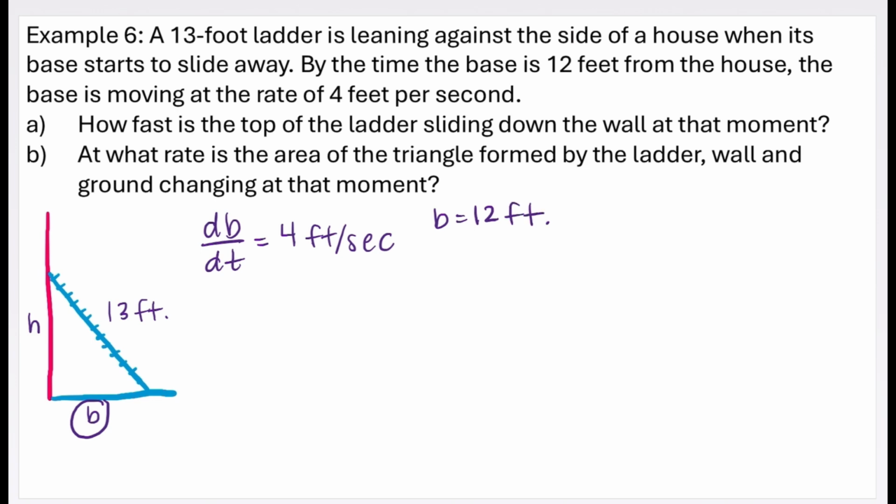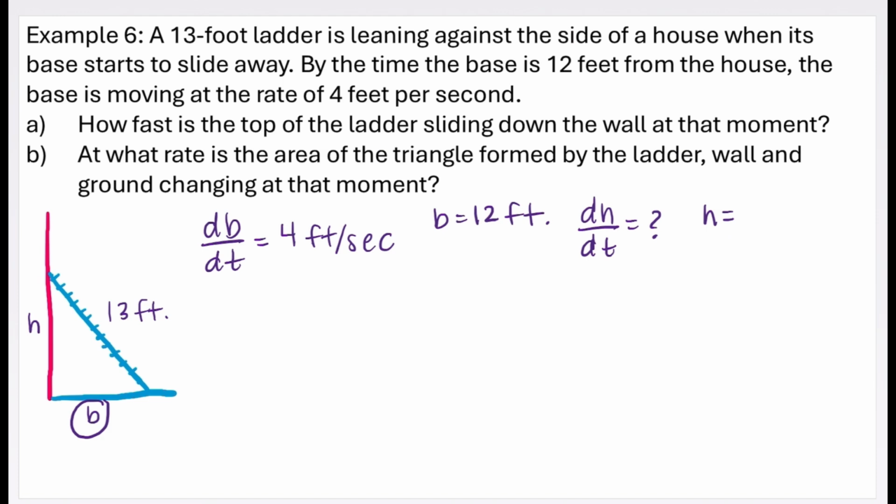We're trying to find how fast the top of the ladder is sliding down the wall at that moment, which is going down, is going to be dH/dt. That's our question. Now I'm pretty sure that we're going to need to know H at that moment. And I can use the Pythagorean theorem to find that out, but I'll wait to do that at the end.